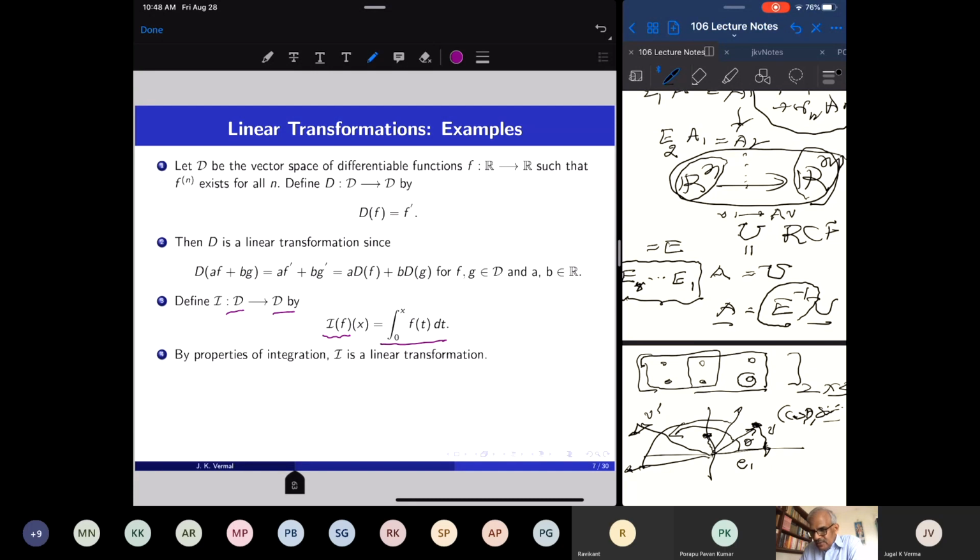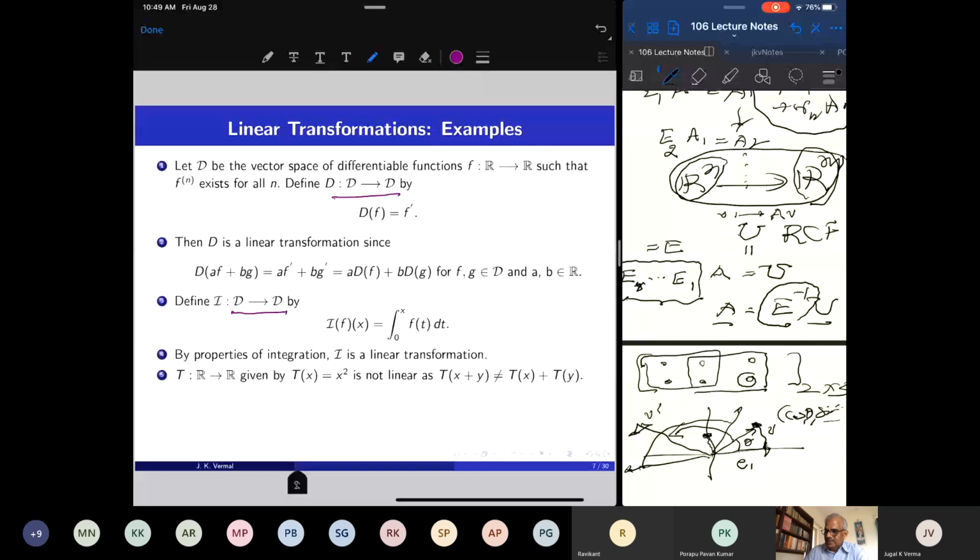So if f is differentiable to any order, then its integral has derivatives of all possible orders. When I integrate a function in D, I get another function in D. By properties of integration, you know that integration is a linear transformation. The integral of a sum of two functions is the sum of integrals, and the integral of a scalar multiple of a function is the scalar multiple of the integral, and so integration from D to D is a linear transformation.